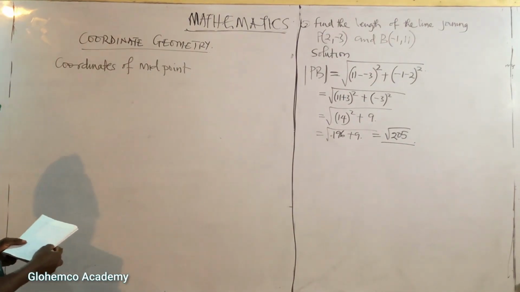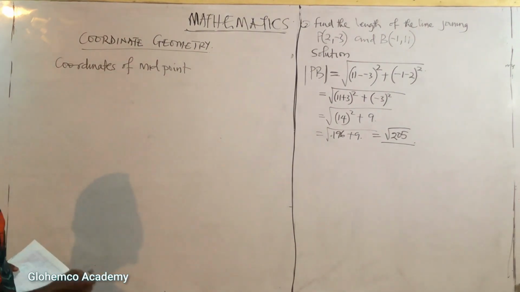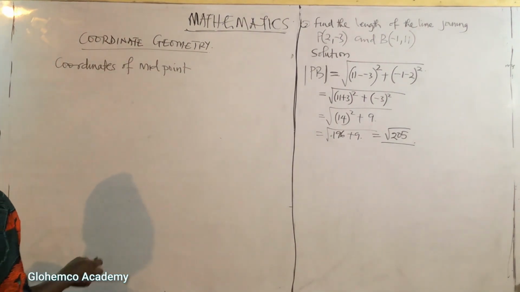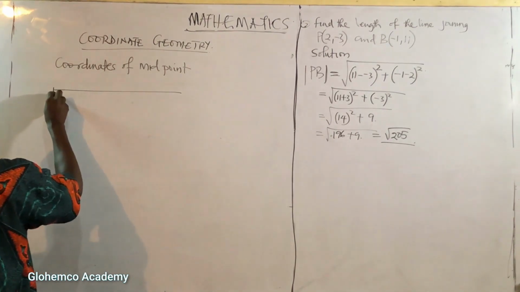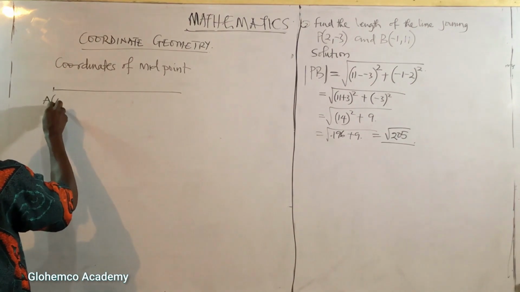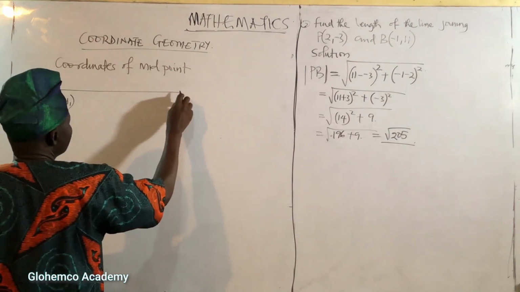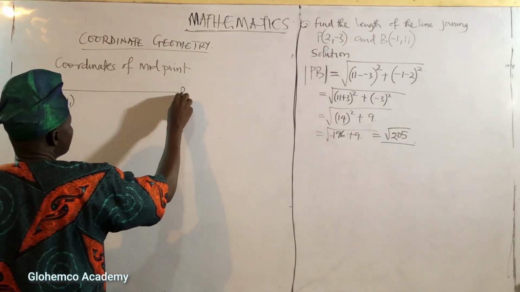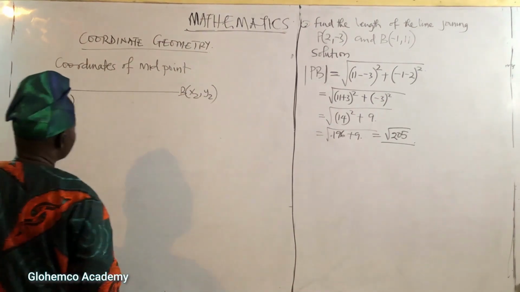If you want to find the coordinate of a midpoint, it has a formula. When we talk of line AB, let's draw the line with point A at (x1, y1) and B at (x2, y2).